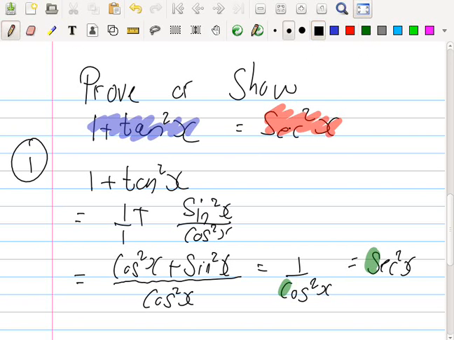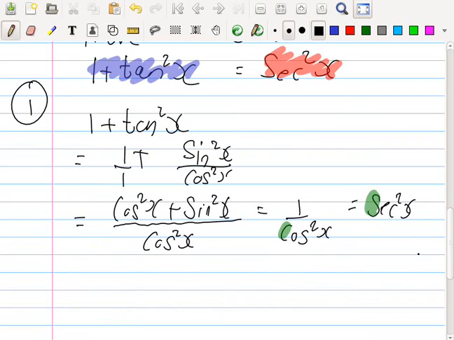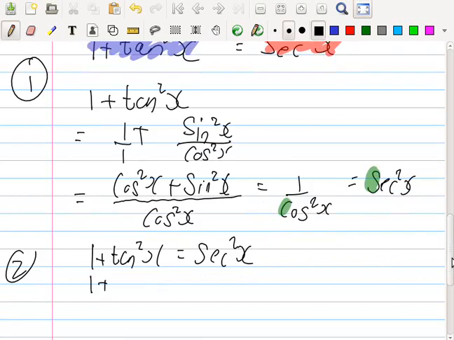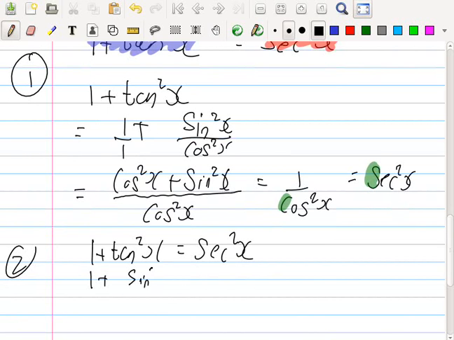Now, the second way to do it would be to start with both and simplify it into something that's obviously true. So you have 1 plus tan squared x equals sec squared x. What's tan squared? It's sine squared over cos squared.